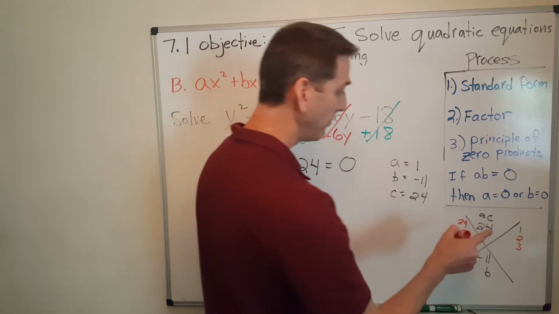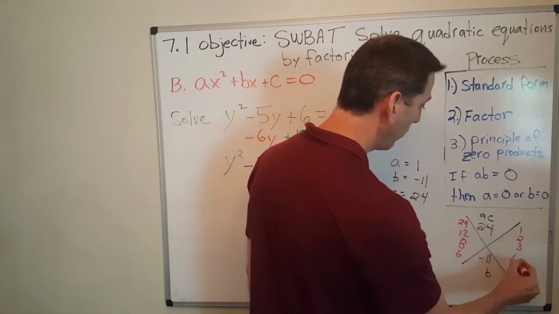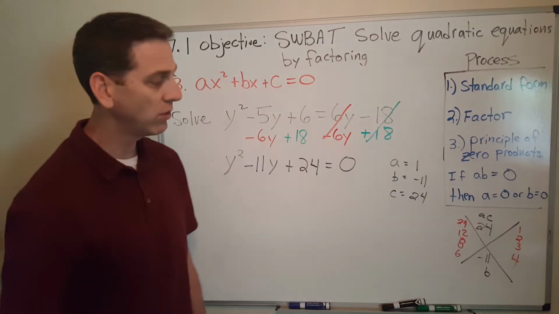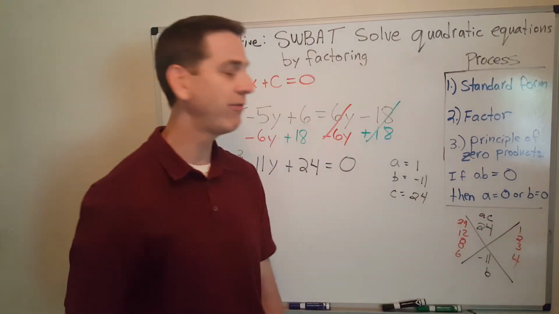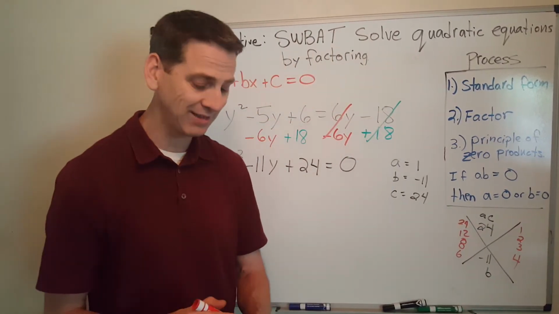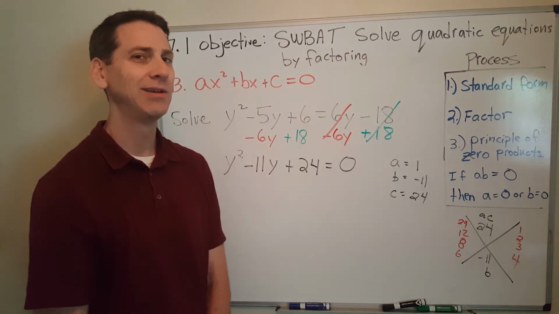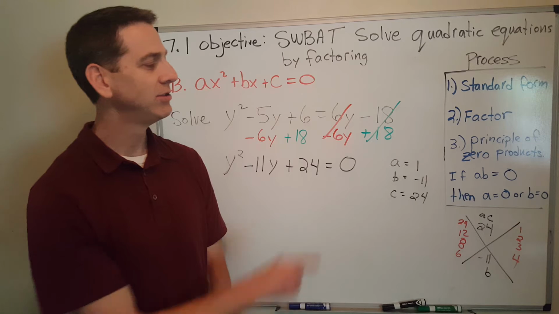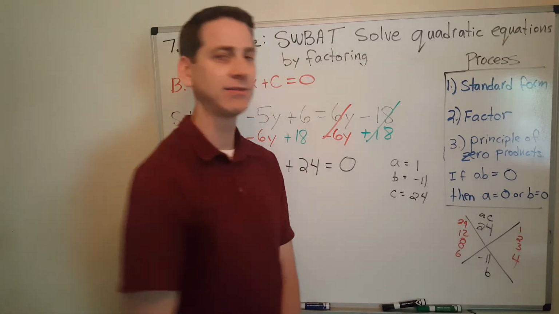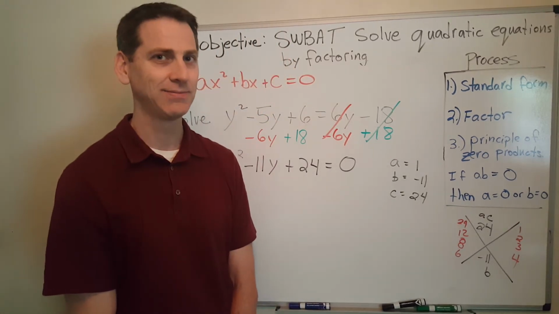And there's another one: 6 times 4 is 24. So all of these are factors of 24, but only one set will add or subtract to give me negative 11. Which one is it? Pause the video and see if you can choose which of these 4 sets is the correct set.